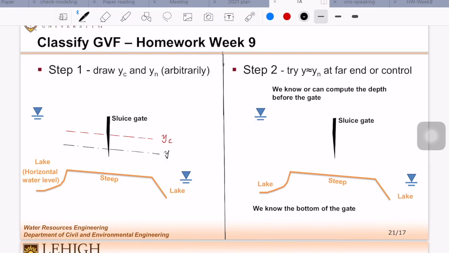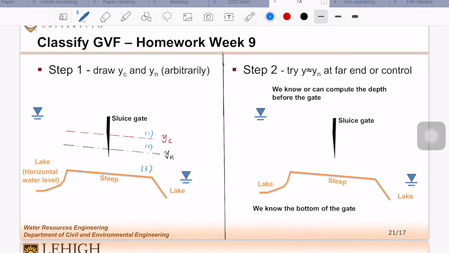This is Yn. Since this is a steep channel, the critical depth is greater than the normal depth. And we know this is section 1, section 2, and section 3.